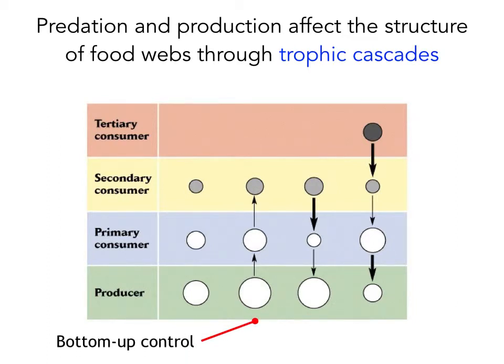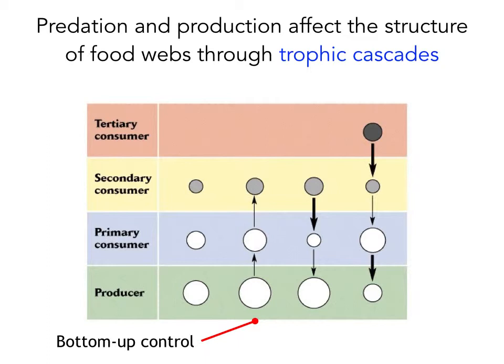This is illustrated in the second column, where there's a greater biomass across all 3 trophic levels, and it's called bottom-up control. It occurs when the structure of the trophic food web, that is, the distribution of biomass across the trophic levels, is primarily driven by how much energy is supplied from below by the producers.